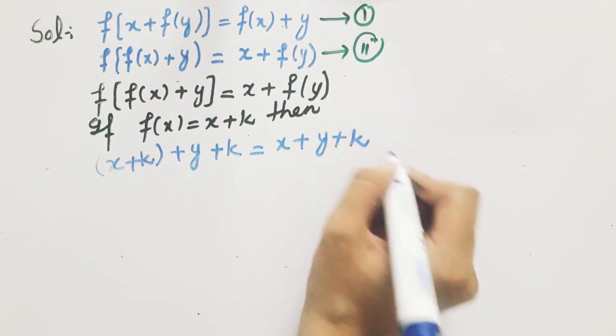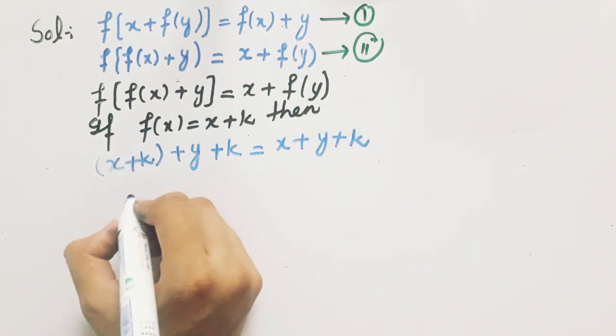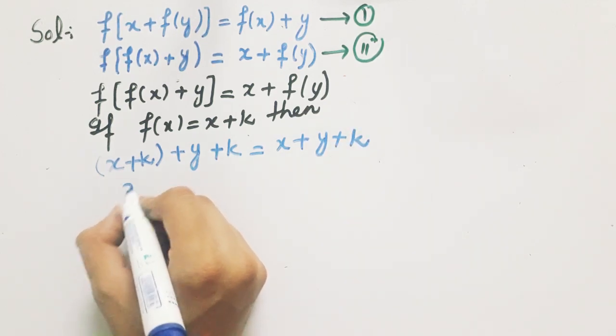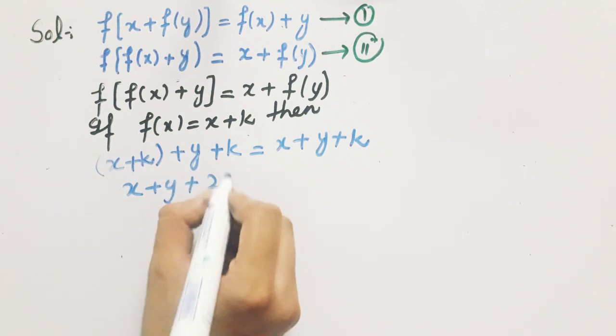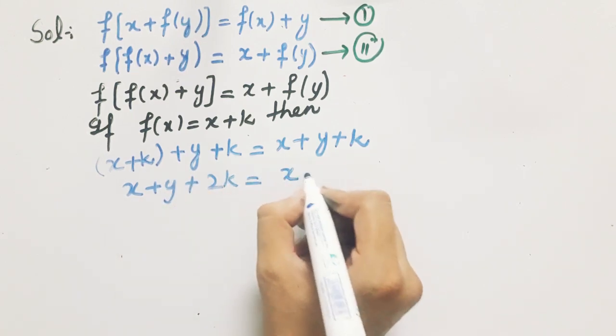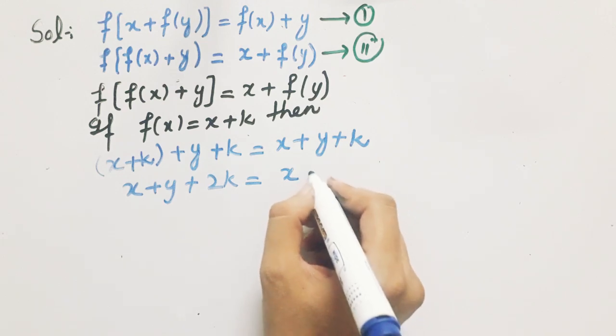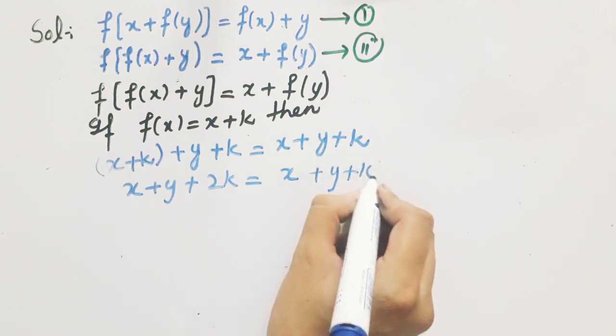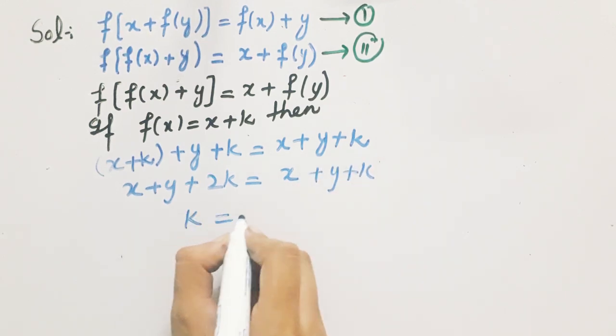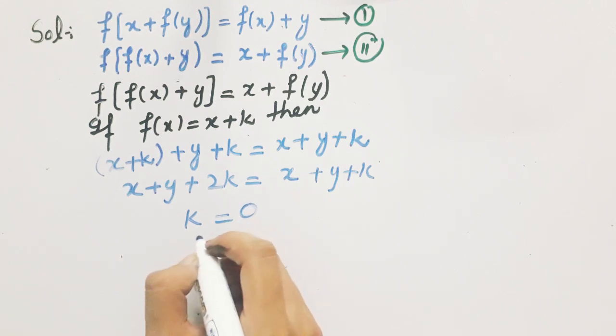So we will get x plus y plus 2k is equal to x plus y plus k, which implies that k is equal to 0.